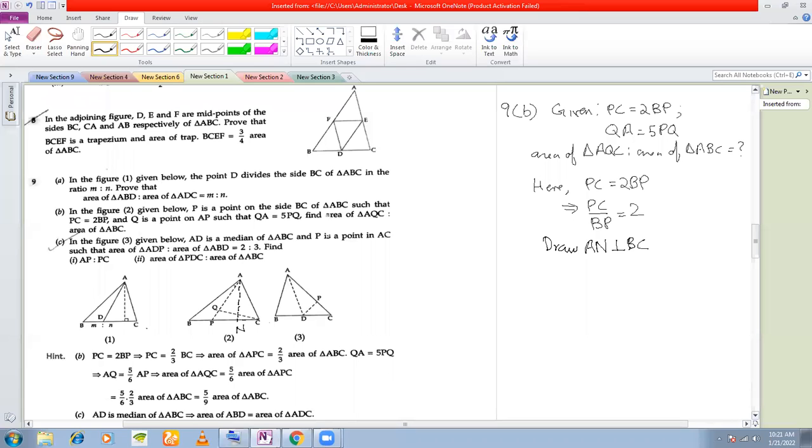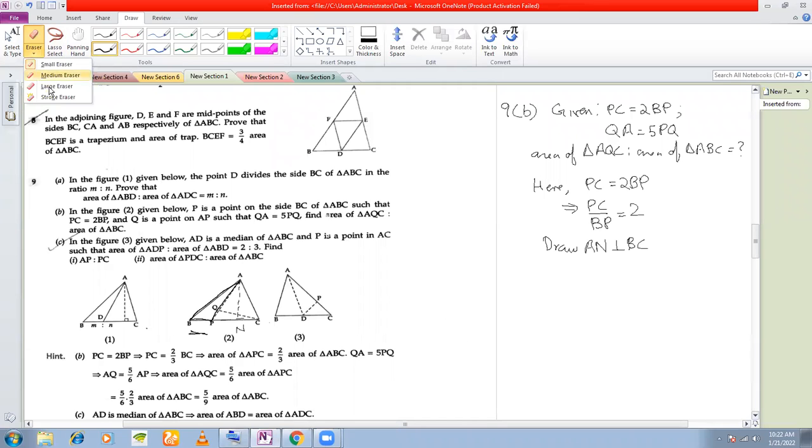And AN is also the height of which other triangle? AN is also the height of this triangle with BP as the base. Can we say or not? Yes.